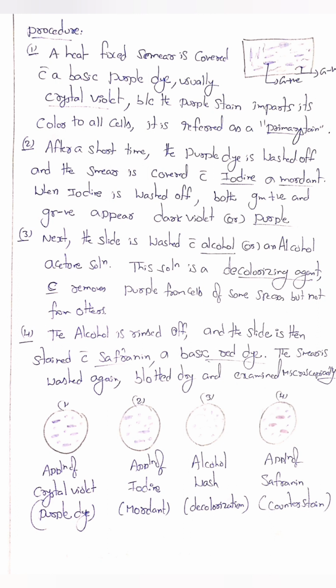Next, the slide is washed with alcohol or an alcohol acetone solution. This solution is a decolorizing agent which removes the purple from cells of some species but not from others. The alcohol is rinsed off and the slide is then stained with safranin, a basic dye. The smear is washed again, blotted dry and examined under the microscope.